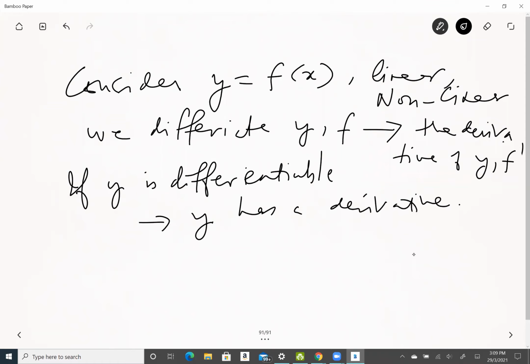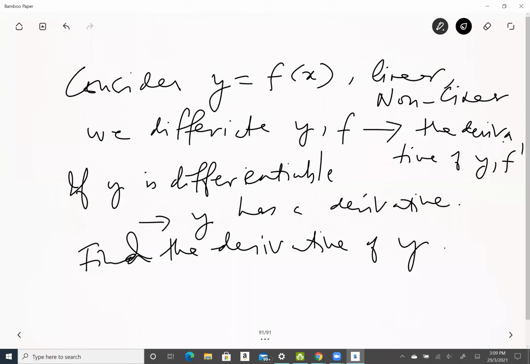Normally, these are the words that we use. You differentiate y, or is y differentiable? Or you find the derivative of y. All right? The derivative is also a function.